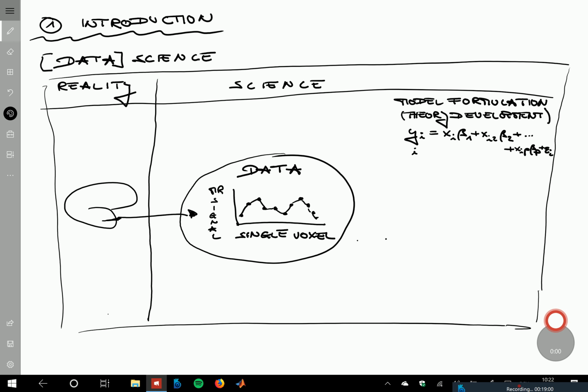I is here the index of the time point. I goes from 1 to n, where n is the number of TRs, the number of volumes that have been acquired. So this here is 1, 2, and so on, and then n.